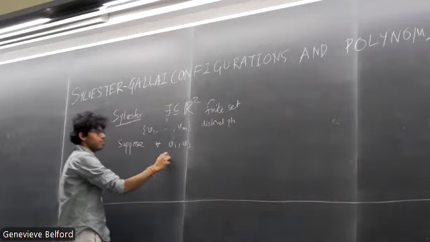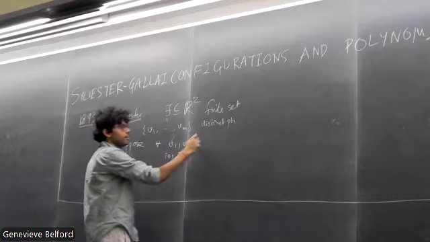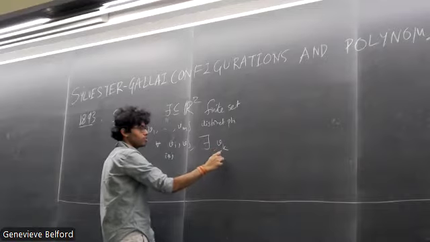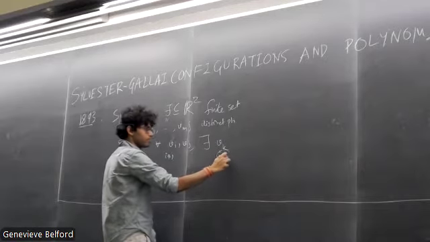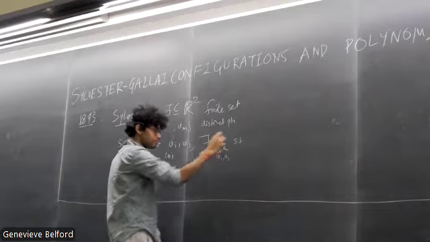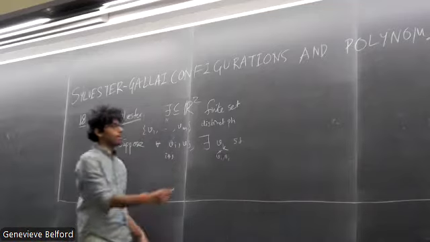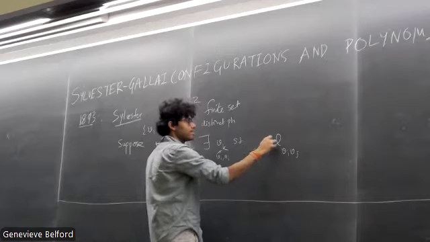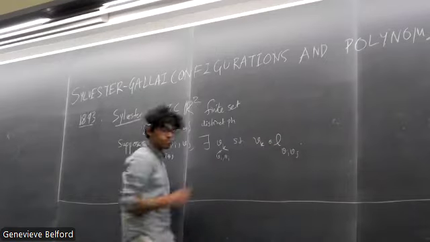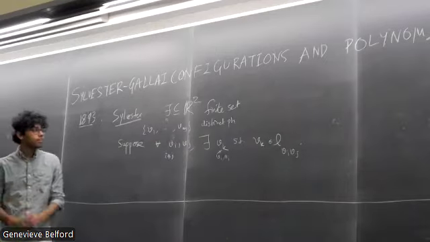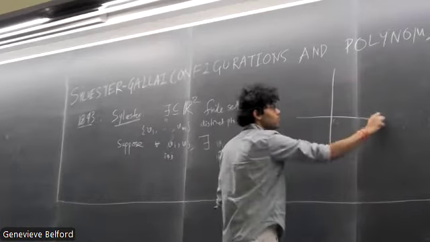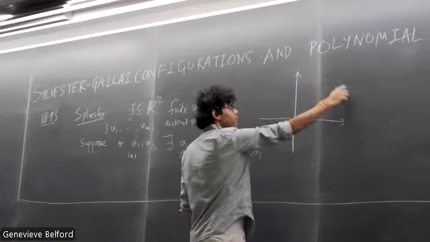for all Vi, Vj, where i is not equal to j, there exists a third point Vk, which is not equal to Vi or Vj, such that the line joining Vi, Vj, L(Vi, Vj), contains the third point Vk. Okay, so what's happening is we have R2 and I have a bunch of points.